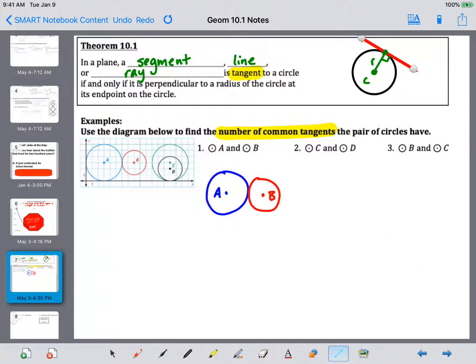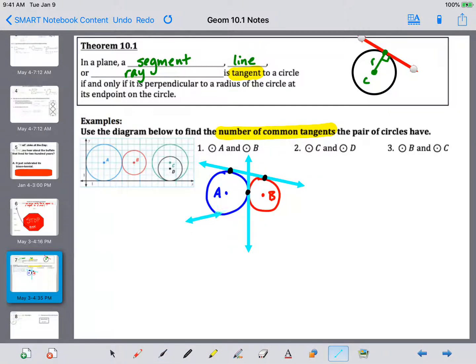All right, so let's give this a try. I see one that's pretty clear. It's this line right smack down the middle. That would be tangent at this point where those circles touch. There's also a tangent that goes right about here. Actually, move that up a little bit. So it's just barely touching circle A at the top here and circle B at its top here. So there would be another common tangent.